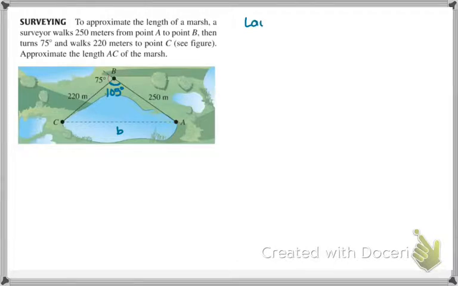So law of cosines. And remember, law of cosines, we always start with either the side that we're looking for or a side that is opposite the angle that we're looking for.